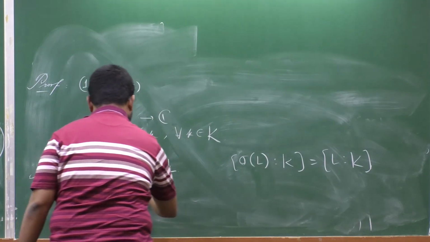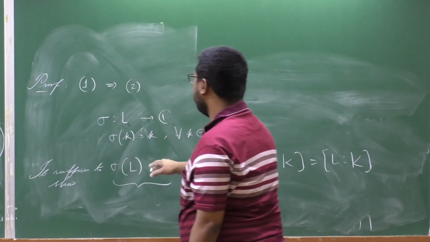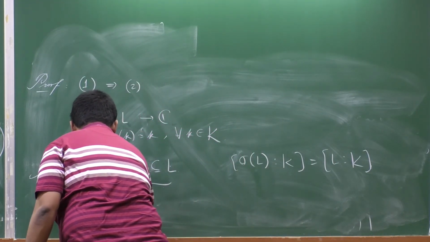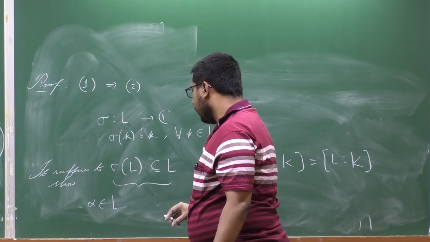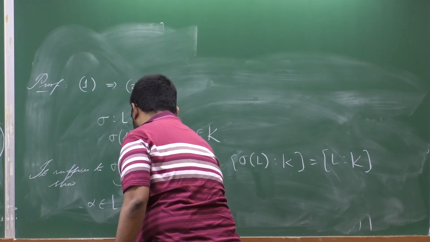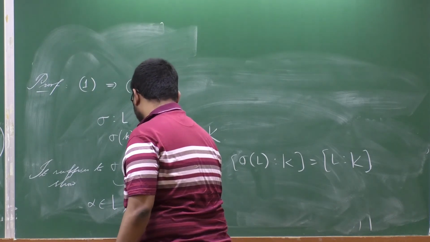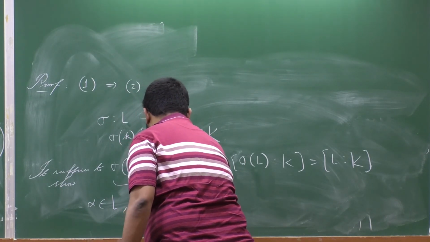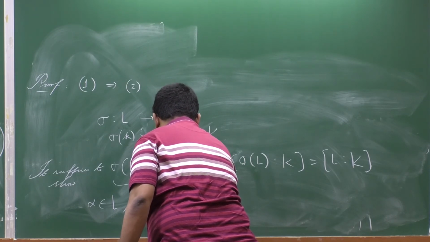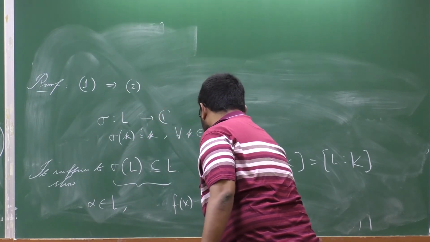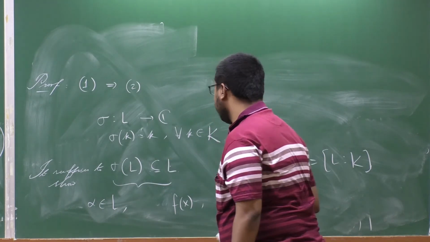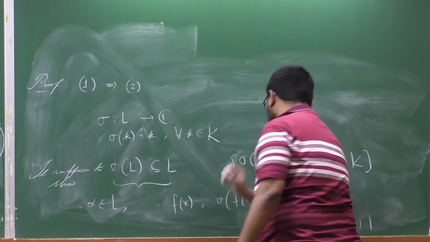Now we have to show this, and how to show this? That's quite simple. If you take any alpha in L, alpha will have some minimal polynomial f, and since sigma fixes k, sigma of f will be f itself.